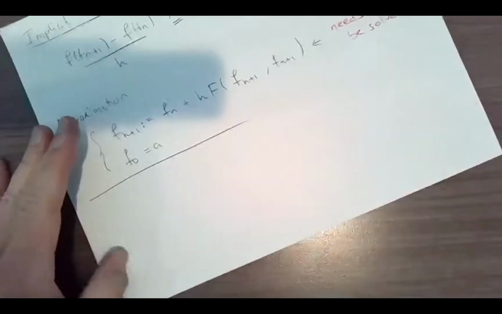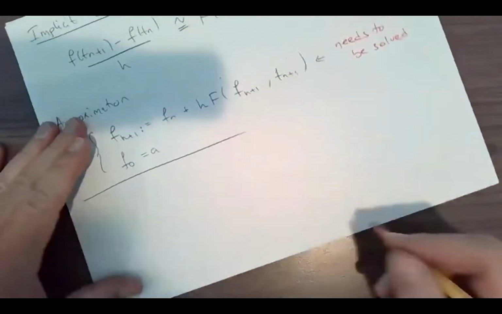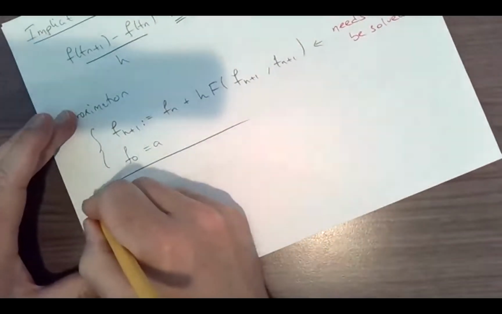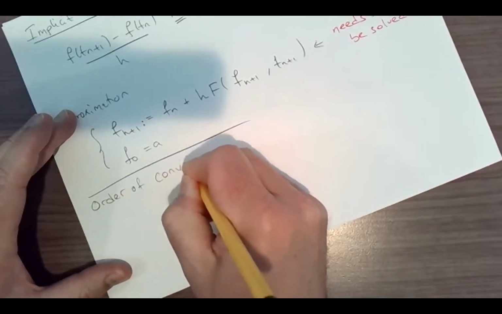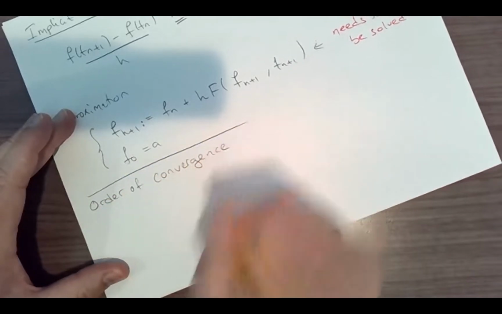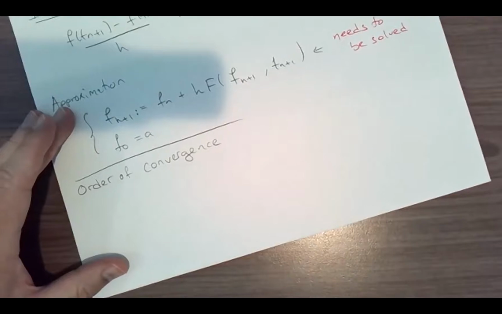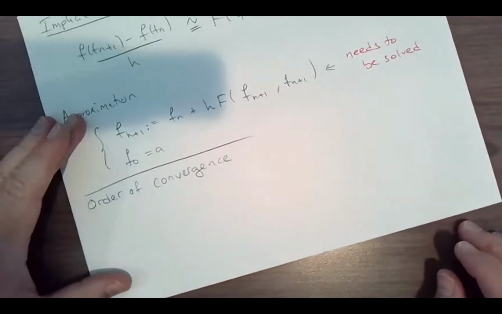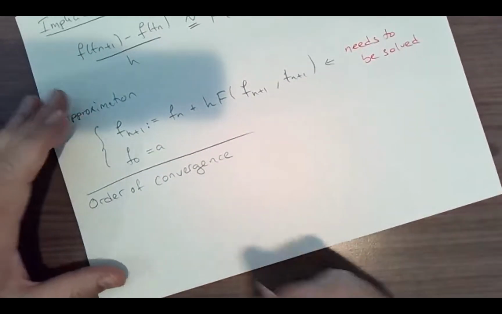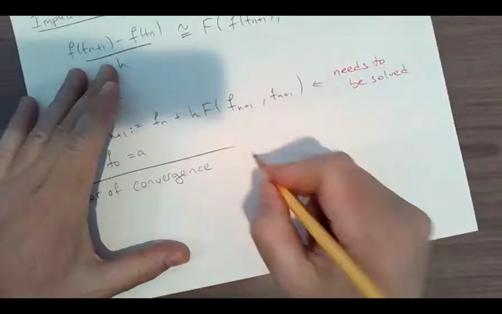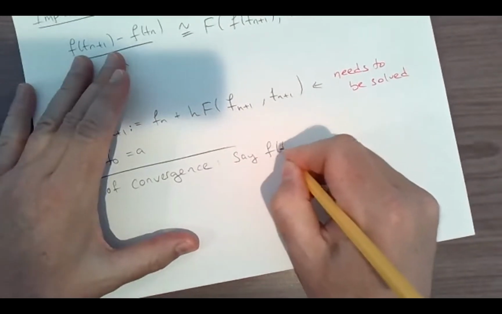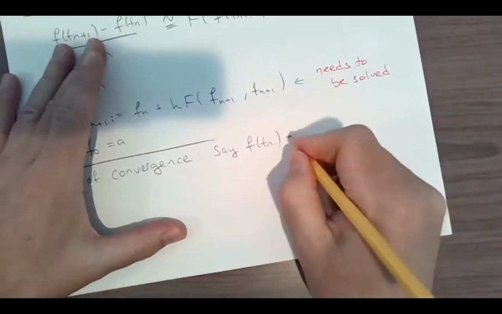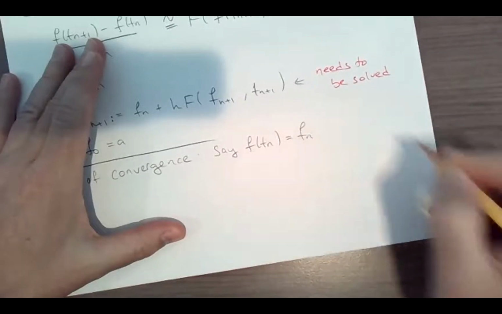So let's look at orders, convergence orders. Say that at time Tn you're accurate, so f of Tn is the same as Fn.